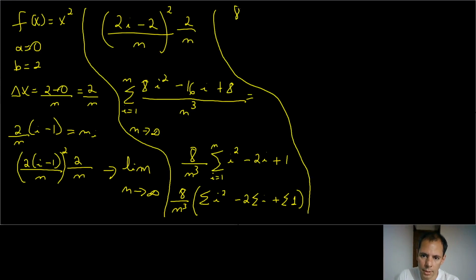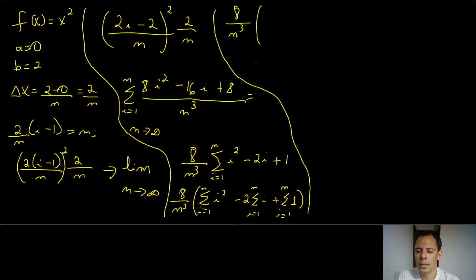It's going to be 8 divided by n cubed. And now, what is i squared? The summation of i squared, this whole thing here, okay? i is equal to 1 all the way to n. Here, i is equal to 1 all the way to n. Here, i is equal to 1 all the way to n.